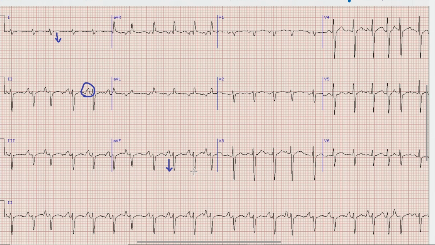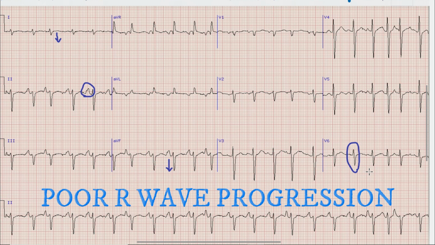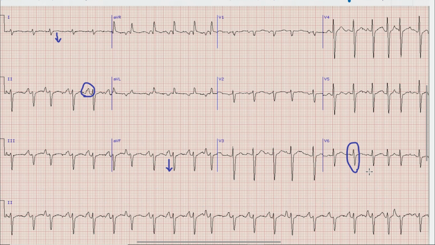Also, if we look at the anterior chest leads, which are V1 to V6, we can find poor R wave progression with delayed transition zone. The transition zone means the lead at which R wave is equal to S wave in amplitude.